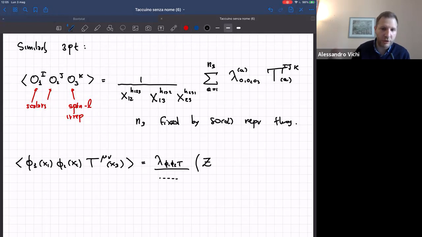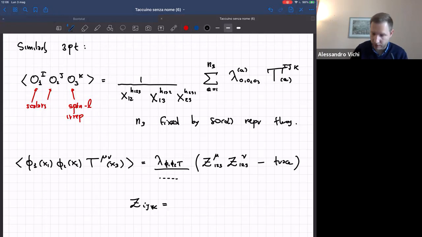It's just a product of vectors, z_{123}^mu z_{123}^nu minus trace, where the z_{ijk} is simply x_{ik}^mu over |x_{ik}| minus x_{jk}^mu divided by |x_{jk}|.